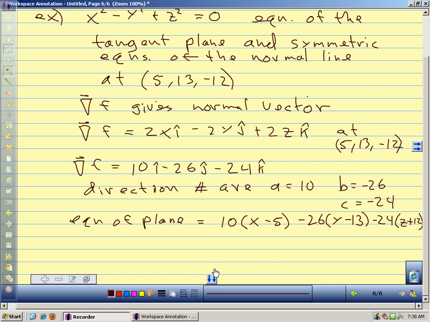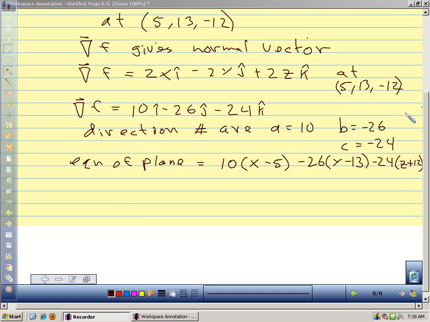And del f is parallel to the normal line. So del f is the vector parallel to the line that we're interested in. So we can write the symmetric equations of our line.